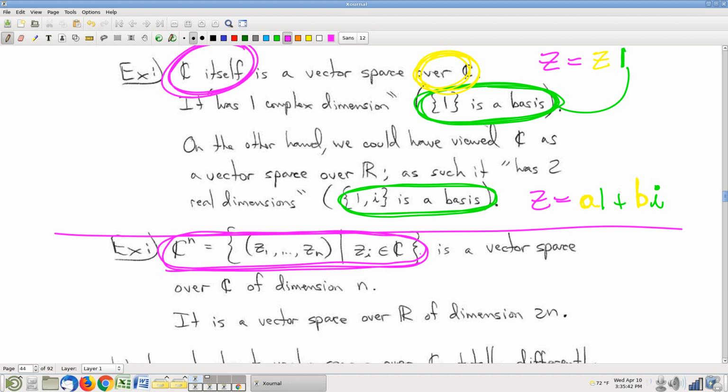So C^n, its dimension depends on what kind of scalars you allow. So I would like to suggest as an exercise, if you allow complex scalars, prove that this is n-dimensional. And if, on the other hand, you require strictly only real scalars, then it is 2n-dimensional.